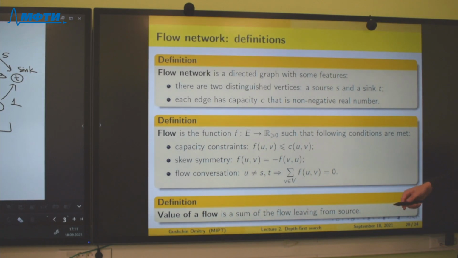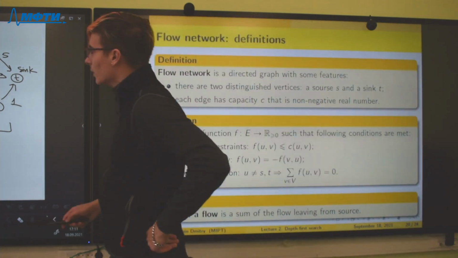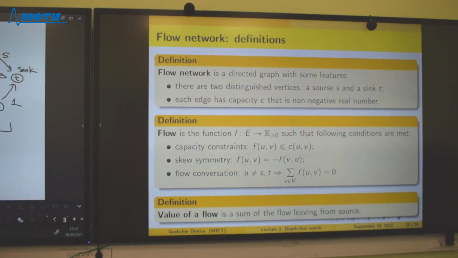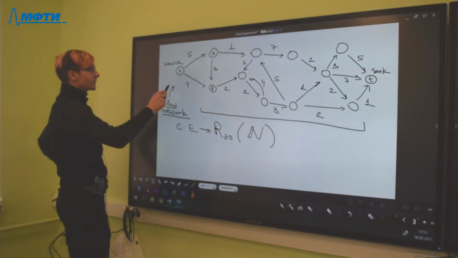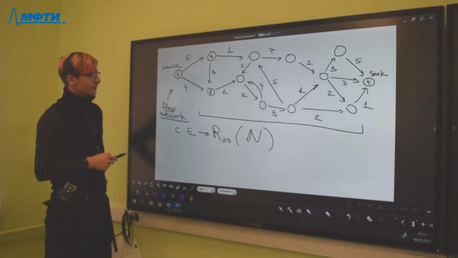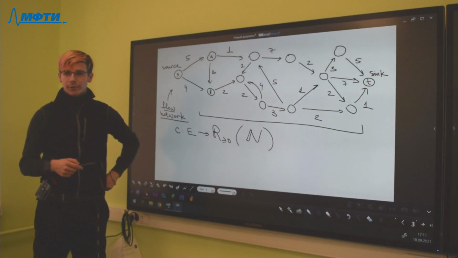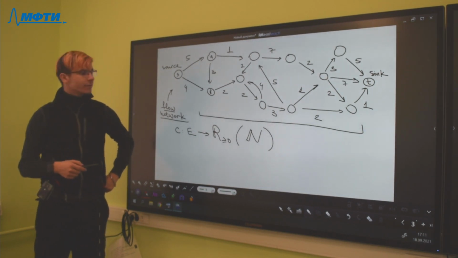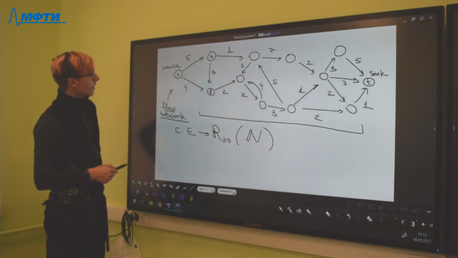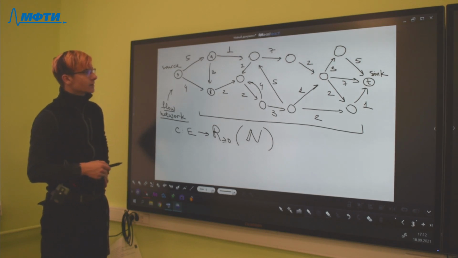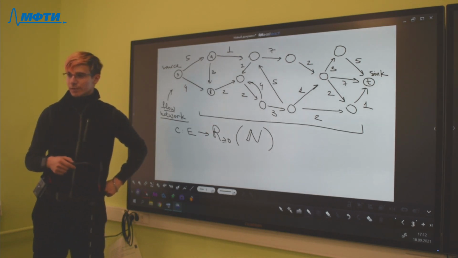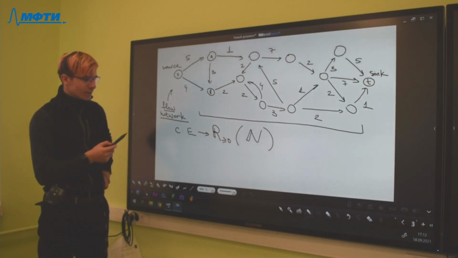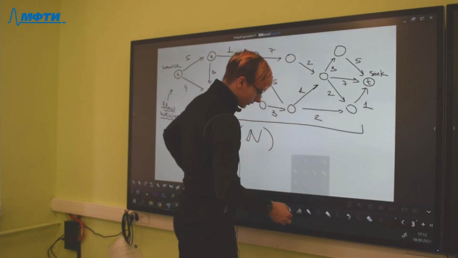We say that we can sum all flows that enter a vertex and sum all the output flow, and they must be equal. Understandable?